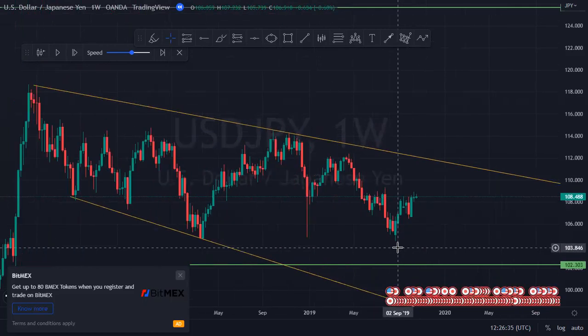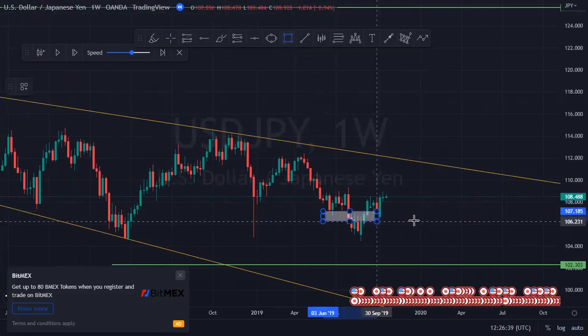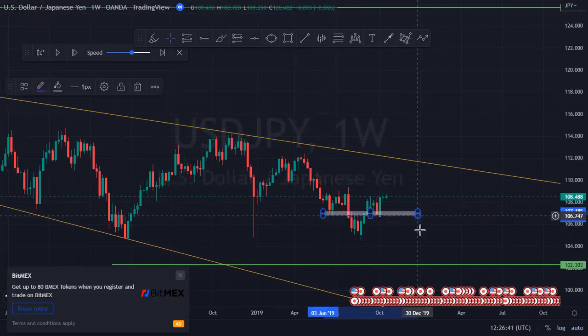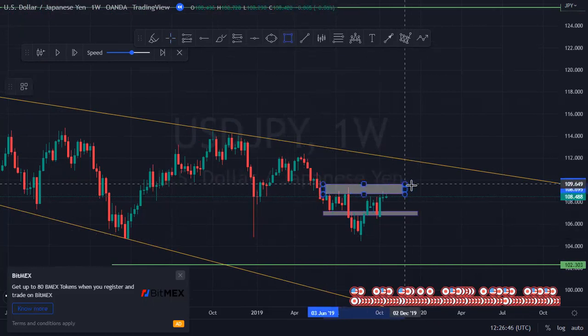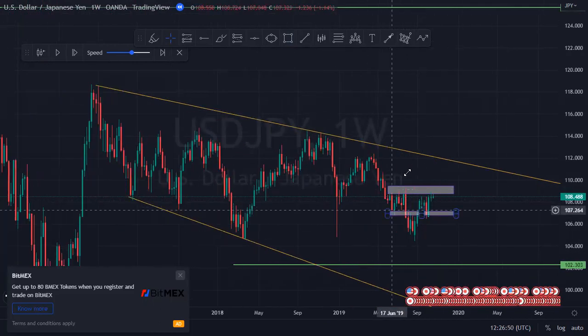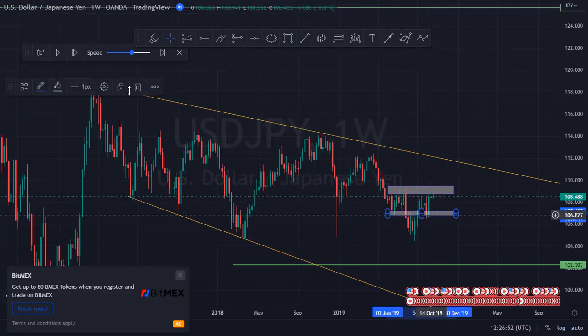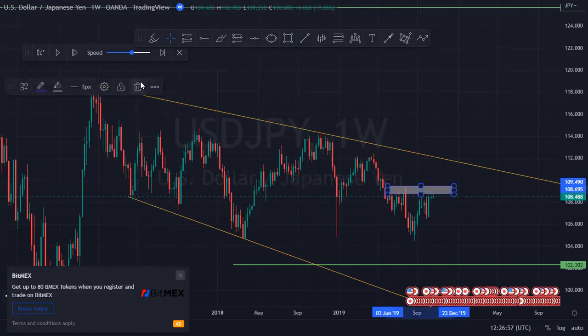Now I sit down and I see, okay, this market is not respecting me in terms of that. But then what we have here is this, right? So guys, I use support and resistance also. What do you guys see here? I see an inverted head and shoulder. So there's a possibility of us doing what? Buying now until these areas.